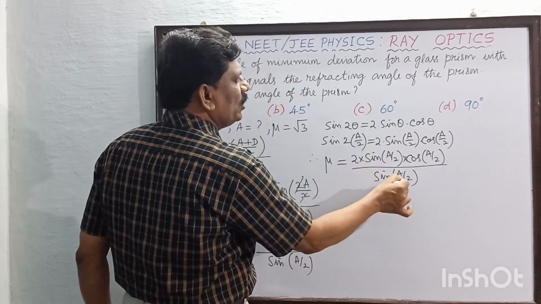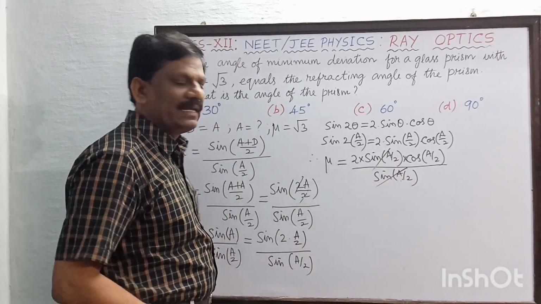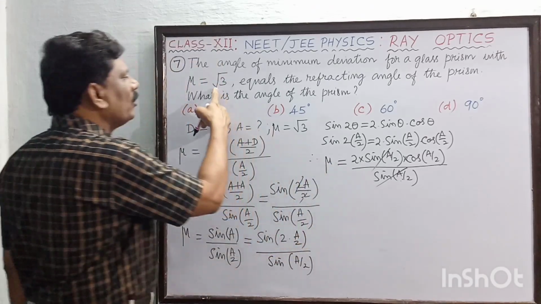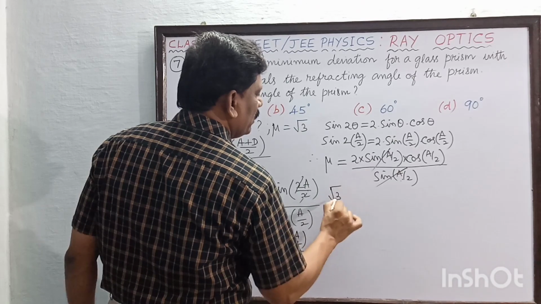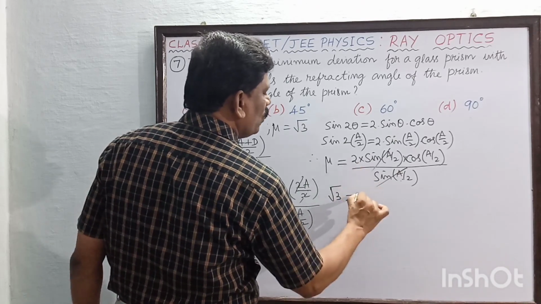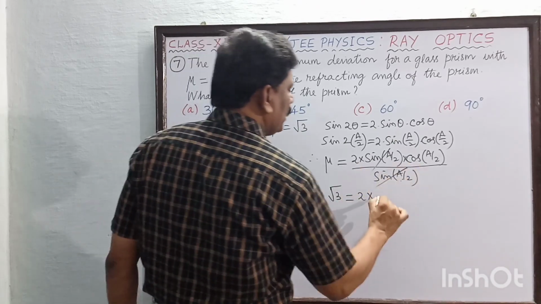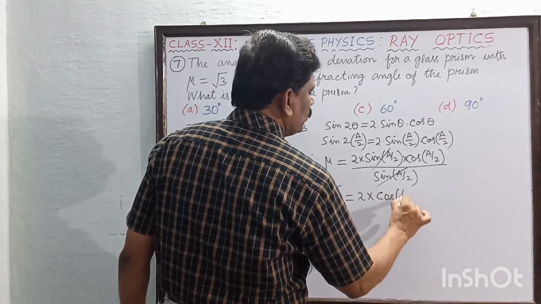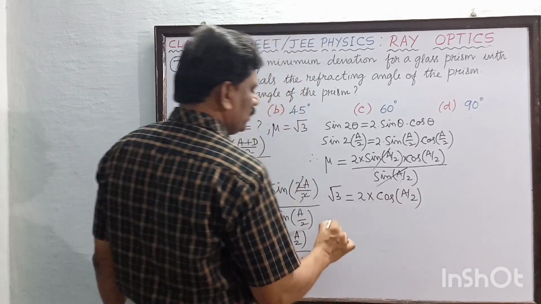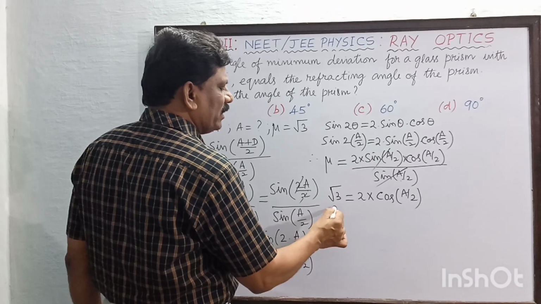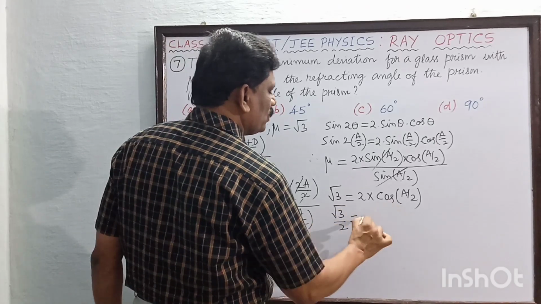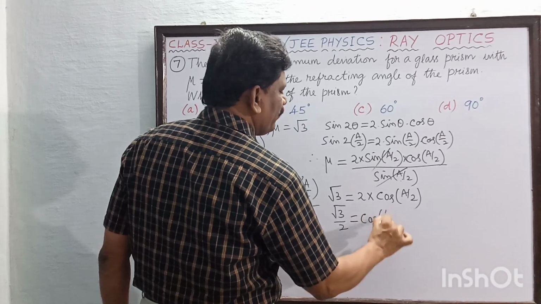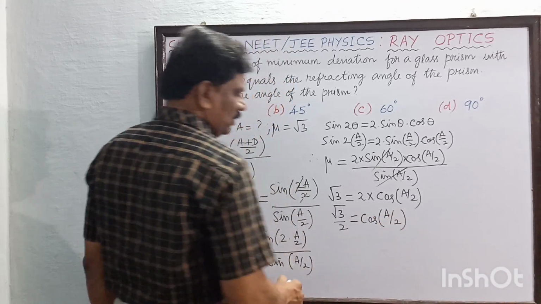So this sine A by 2 and sine A by 2 can be cancelled. Now I am going to substitute mu equal to root 3. So root 3 is equal to 2 into cos of A by 2. So this 2 can be brought down, is it not? So root 3 by 2 is equal to cos of A by 2.